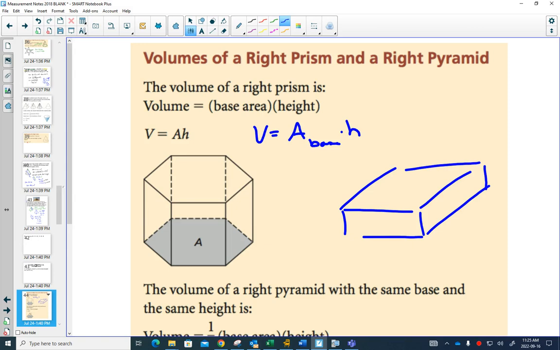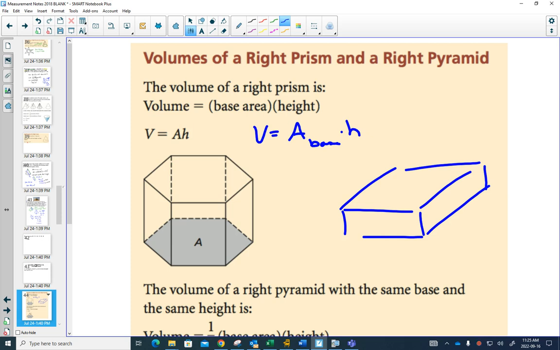Well, you have one piece of paper at the bottom. Usually when we think of a single piece of paper, we don't think of it as having any height whatsoever. It does. There's a tiny little bit of height to it. But if you start stacking paper upon paper upon paper, all of a sudden you do get a height.